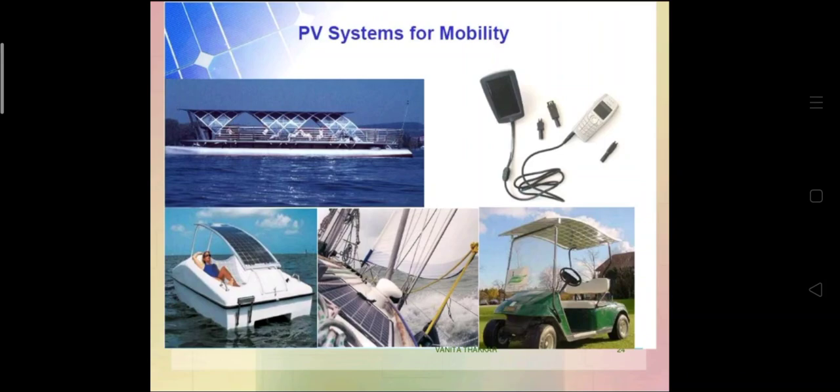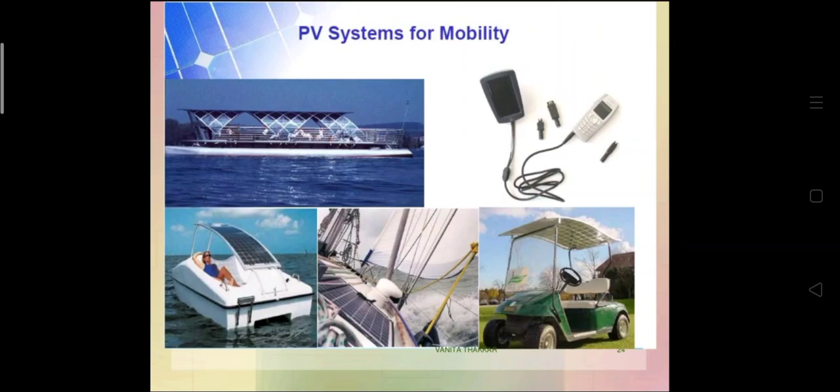And here is a big ship in the fourth diagram. So many solar panels are arranged, so we get so much energy in this big ship.